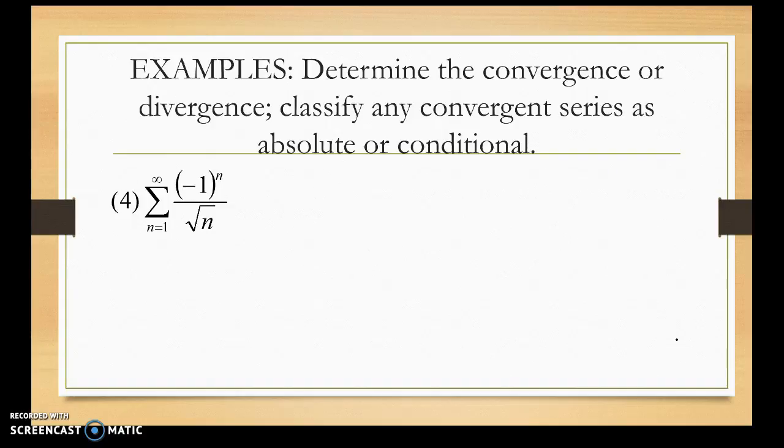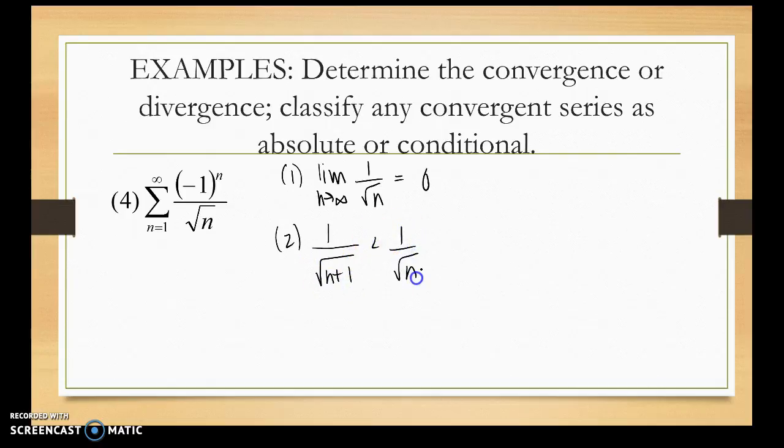Secondly, negative 1 to the n over the square root of n, okay? So let's first look at the alternating series test. It alternates, 1 over the square root of n, okay, bottom heavy, this limit approaches 0. Oops, not limit, sorry about that. A sub n plus 1 is less than a sub n.